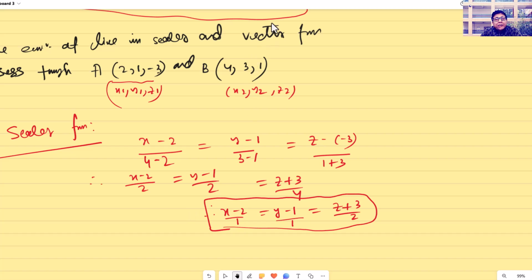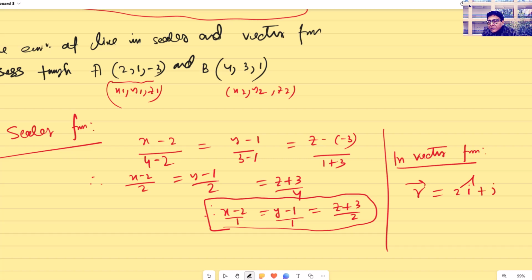Vector form, how to write? We have to write in vector form. In vector form, it is going to be r equal to a. A is what? This known point. You take this one or this one. It doesn't matter. 2i plus j minus 3k plus t into 1 into i, 1 into j, 2 into k.